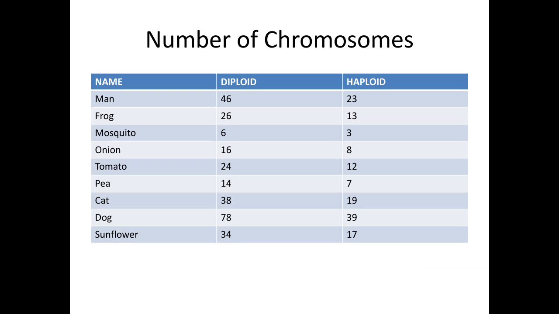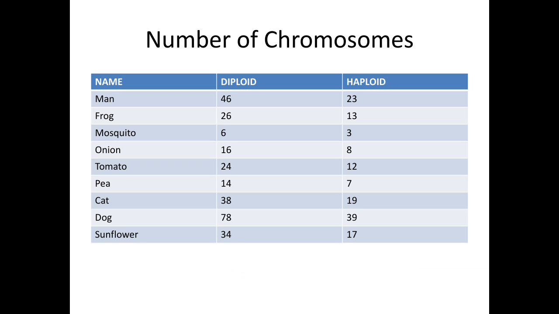An onion consists of 16 diploid chromosomes and 8 haploid chromosomes. Next example is tomato. It consists of 24 diploid chromosomes and 12 haploid chromosomes. Another example is the pea.